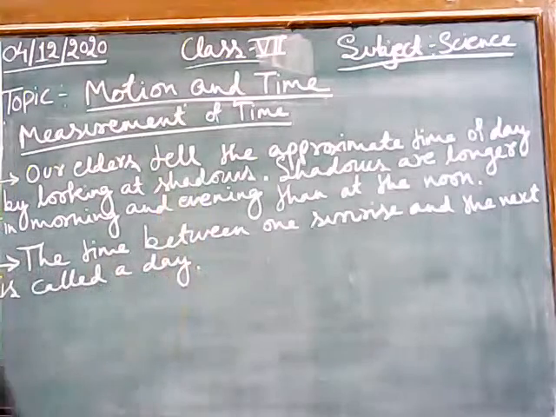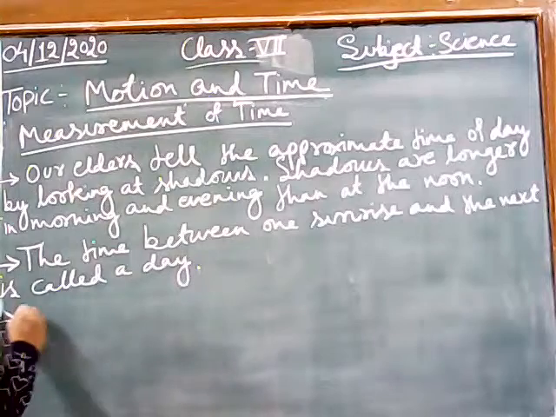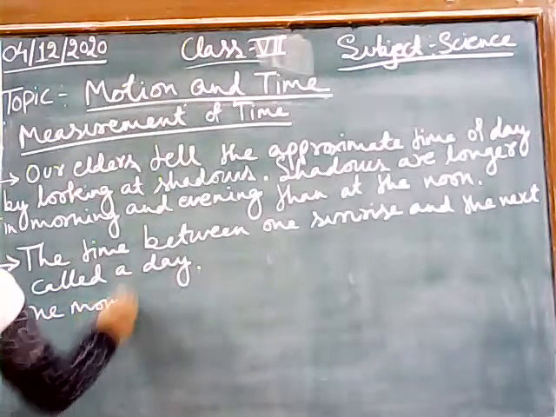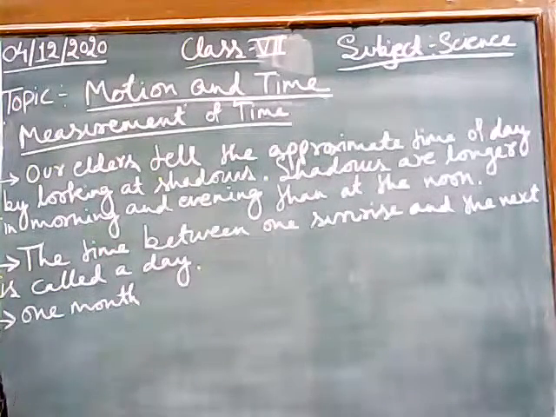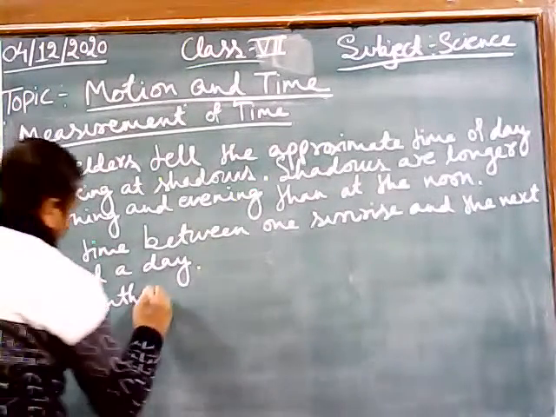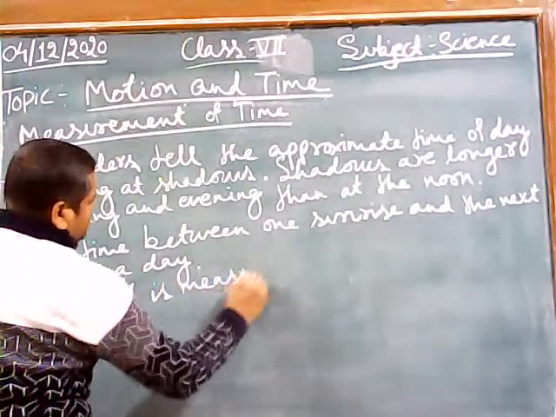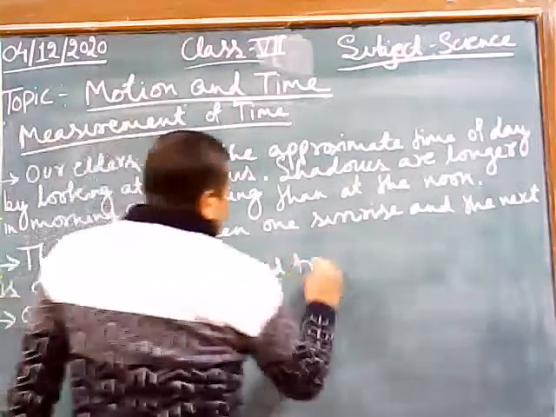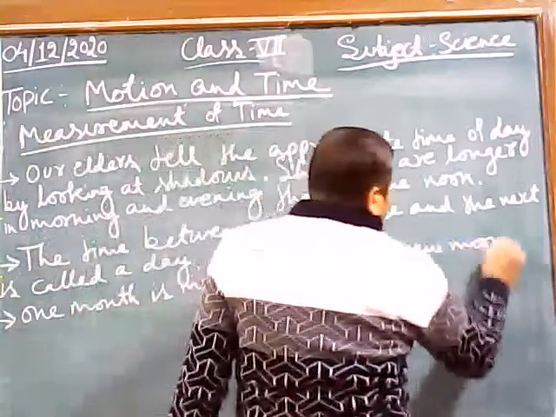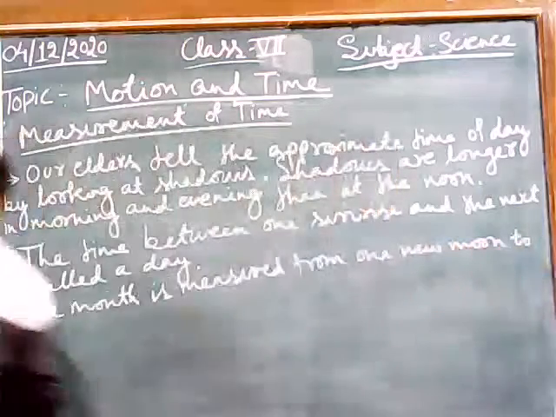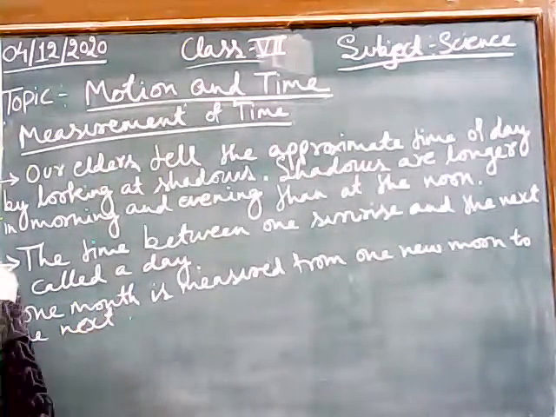One month is measured from one new moon to the next.